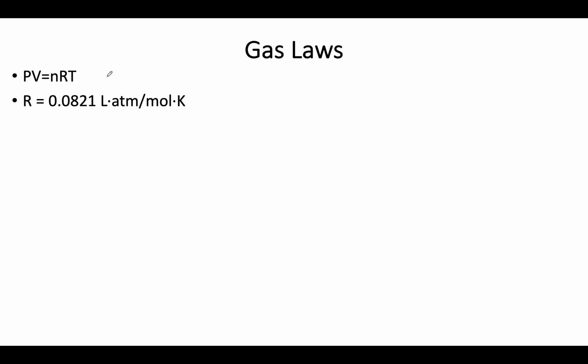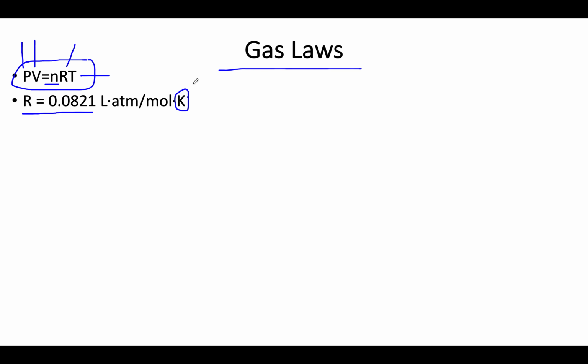So the equation that you need is PV equals nRT. The variables we're looking at are the pressure, the volume, n is the moles, R is the gas constant, which is written here, and T is temperature. I really want to emphasize, if you're in the gas chapter, you want to be in Kelvin units for temperature.